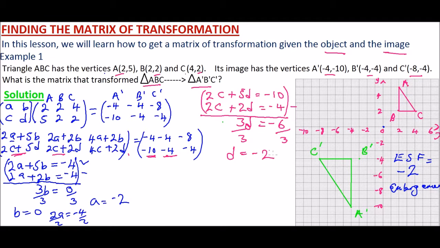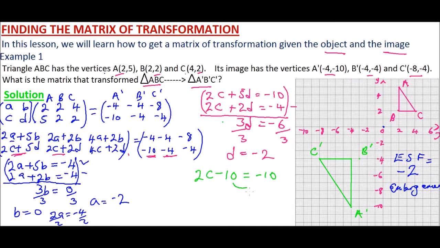So once we get d, we substitute here. We say 2c plus, now d is minus 2, so it is 5 multiplied by minus 2. That will give us minus 10. We say minus 10 is equal to minus 10.